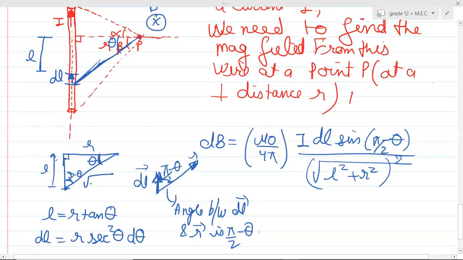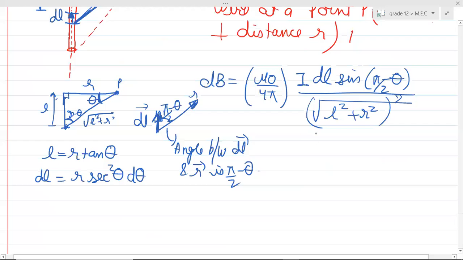So this is under root of L square plus R square. So this distance we wanted, the element and the particular point, right? So under root this, whole square. After this, what to do? Now we just need to solve it.